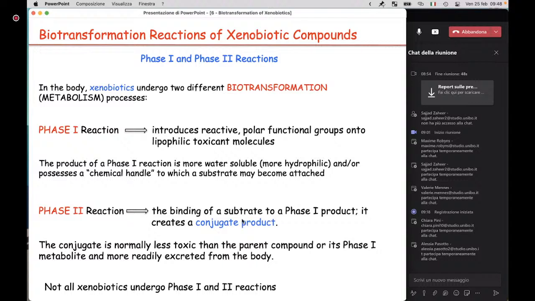In this case, we bind a new molecule to the original toxicant. And usually, again, those molecules we conjugate with the toxicant are hydrophilic molecules, so the resulting compound will be more hydrophilic, more easily excreted, and it is also usually less toxic.